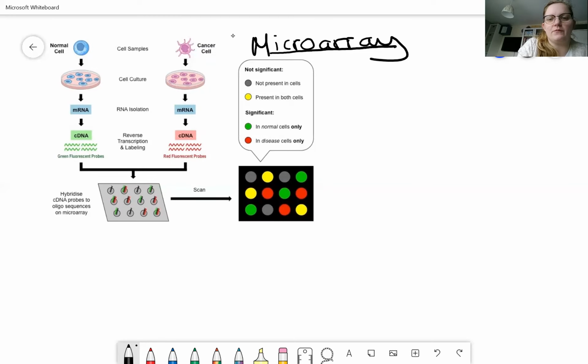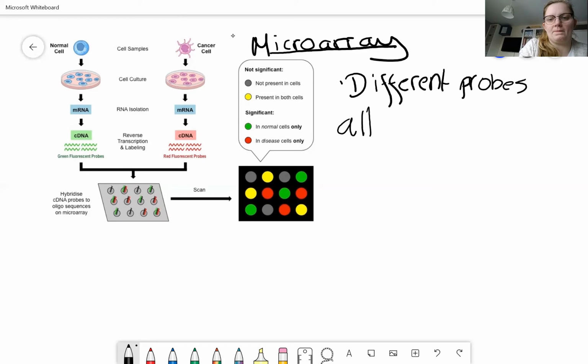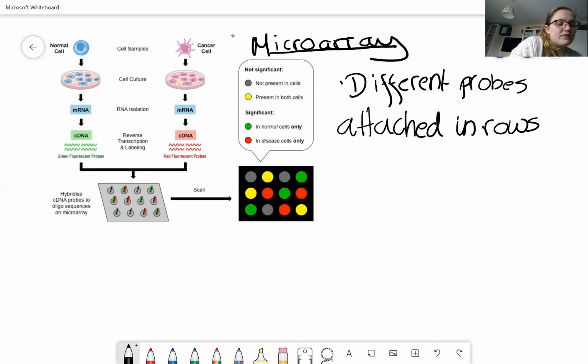So we've got different probes in this one. So I'm going to just mark that down because that's quite important. So we've got different probes in the rows. So what we would then do is a sample of fluorescently labeled human DNA is washed over the array.